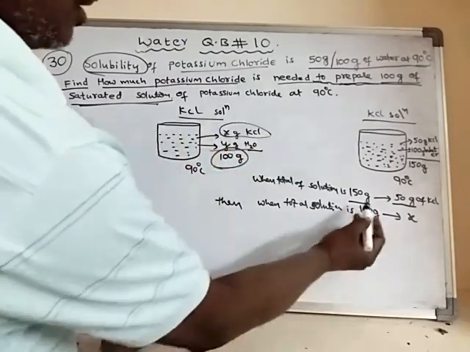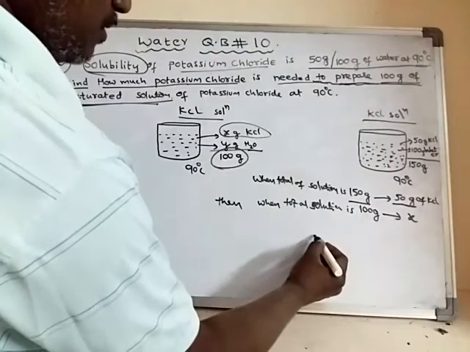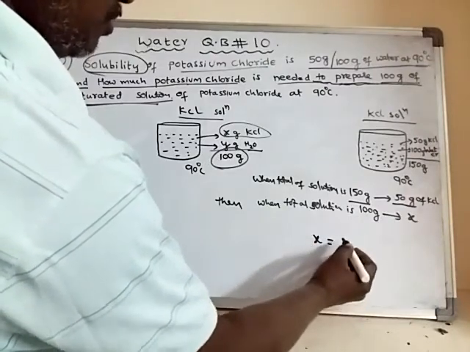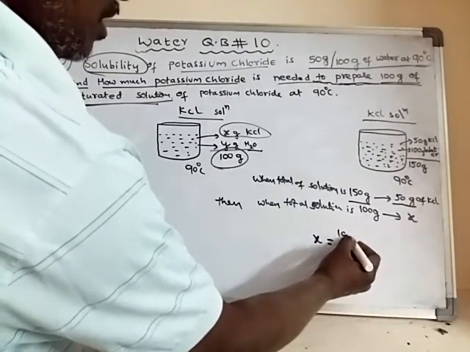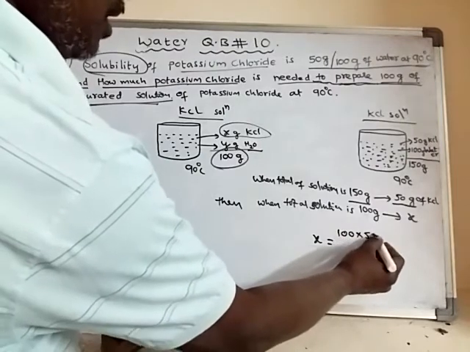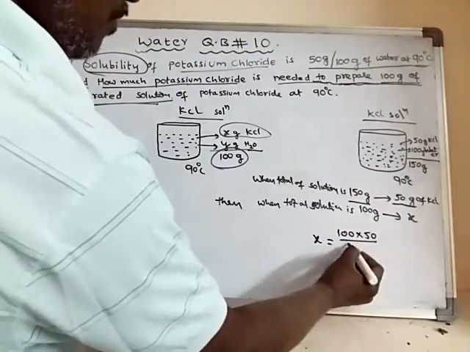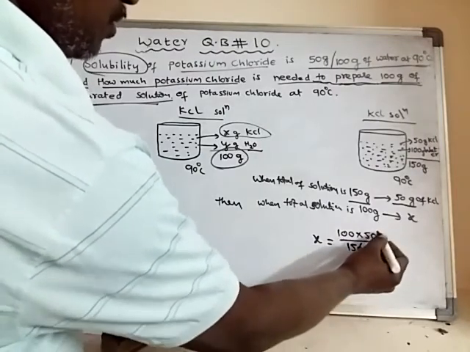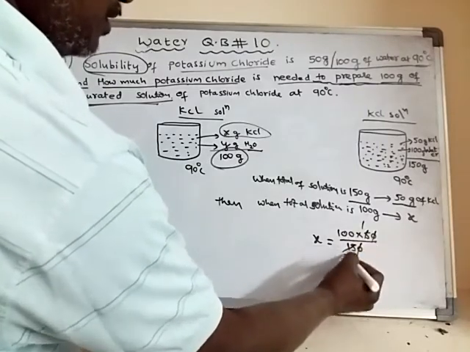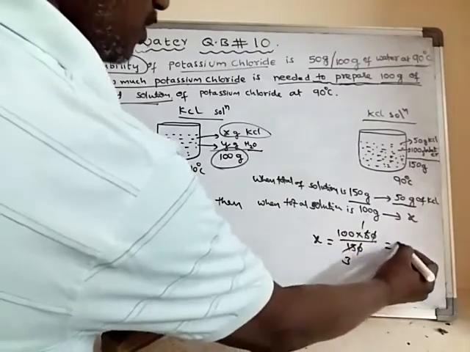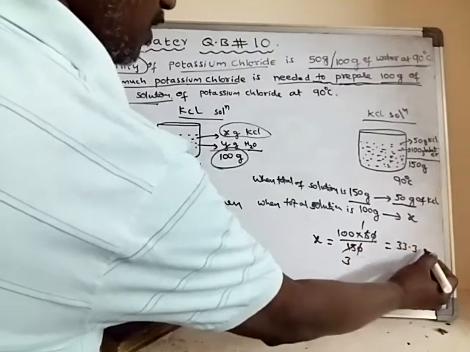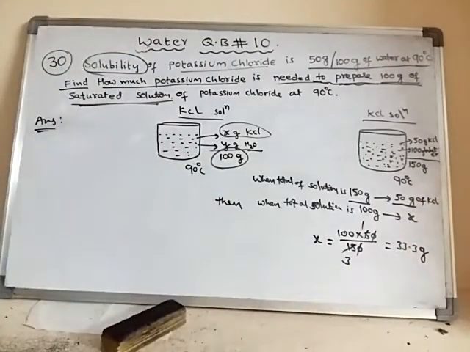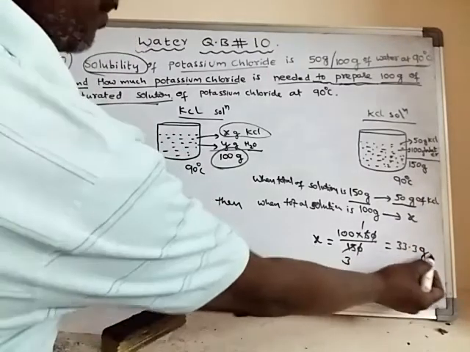X. So upon cross multiplication, X will be equal to 100 into 50 by 150. Zeros cancel, 5 ones are 5, 5 threes are 15. So 100 by 3, it is 33.3 grams. So X will be 33.3 grams.